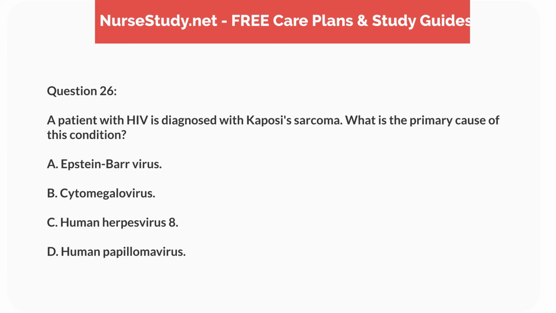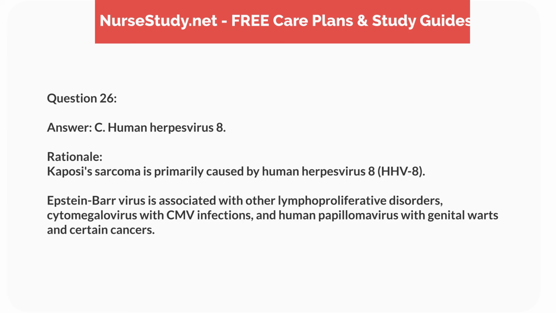Question 26. A patient with HIV is diagnosed with Kaposi's sarcoma. What is the primary cause of this condition? A. Epstein-Barr virus. B. Cytomegalovirus. C. Human herpes virus 8. D. Human papillomavirus. Answer: C. Human herpes virus 8.